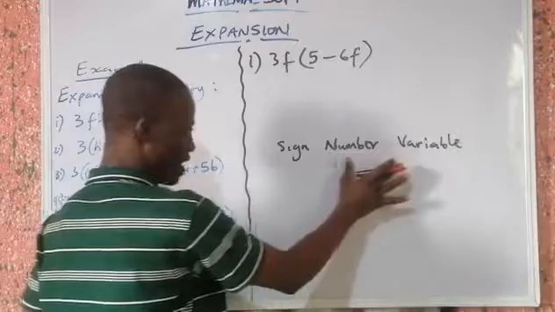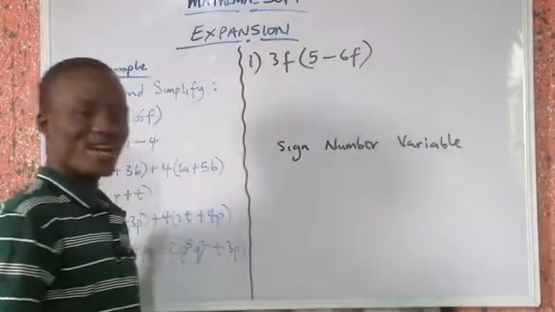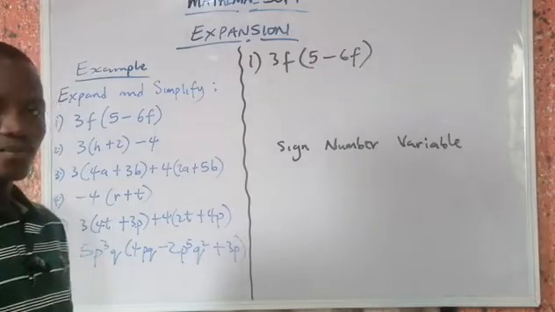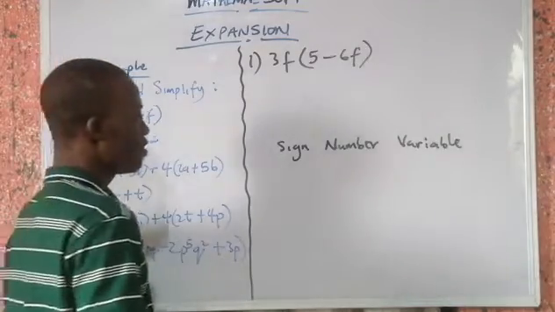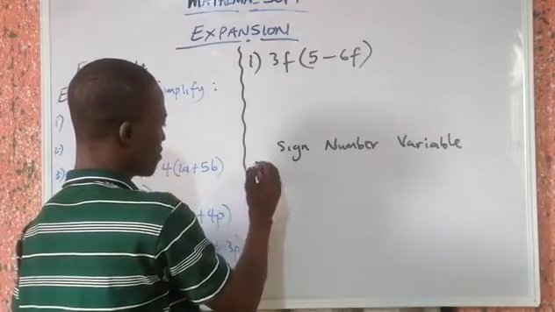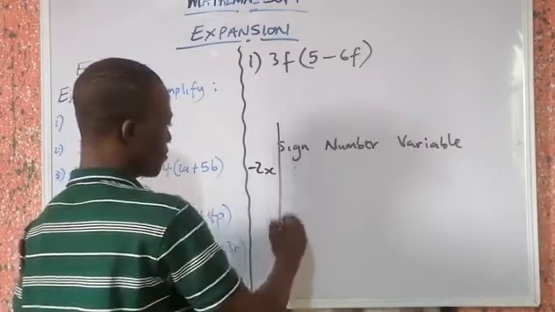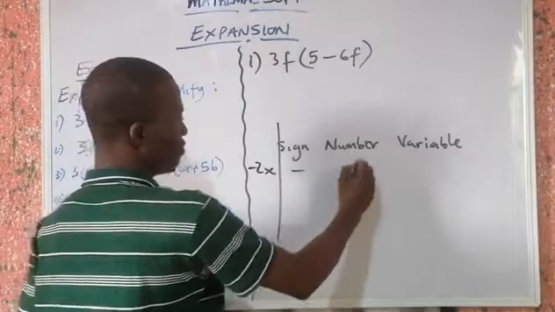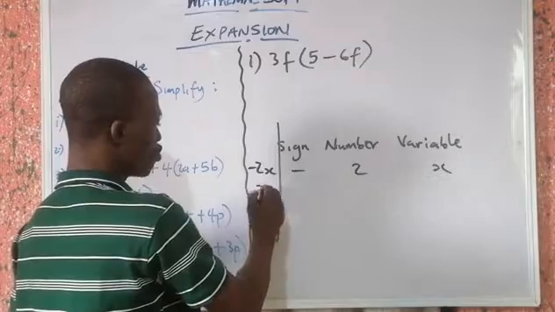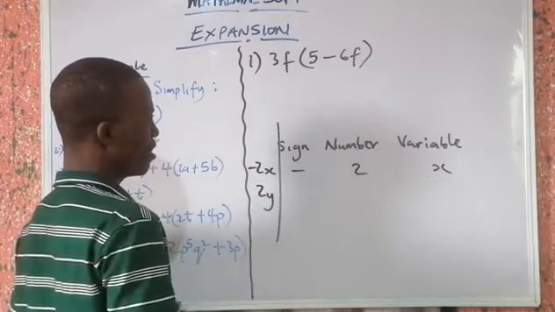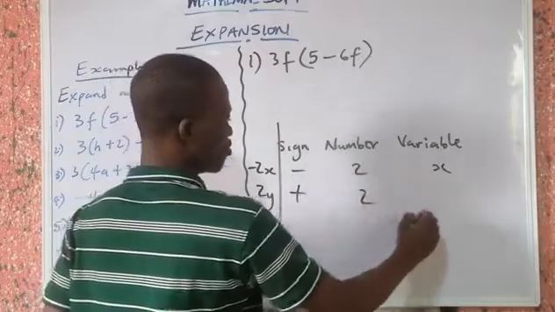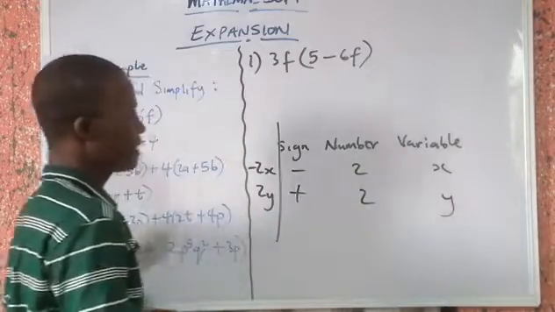So this is the right way that you should arrange every term in mathematics. Let me give you an example. If I have minus 2x, the sign is minus, the number is 2, and the variable is x. If I have 2y, the sign is plus, the number is 2, and the variable is y.